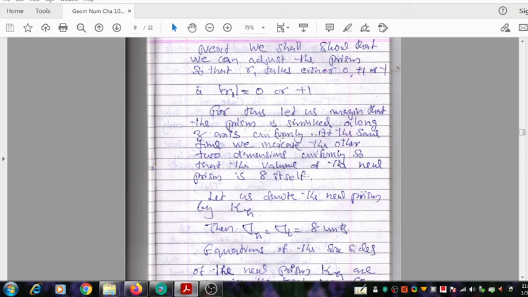The prism is shrinked along the z-axis, not along all axes. But if it is shrinked only along the z-axis, the volume will change, and we want to keep the volume unaffected.